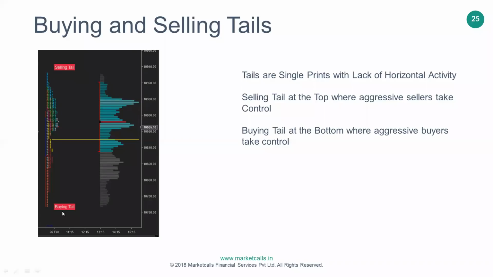And the bottom tail is called a buying tail because that is where the price keeps going down and down and down, sellers get exhausted, right? Sellers lose their control, and thereby buyers take control from them. That's why it's called a buying tail. Most of those tails we call single print tails. It lacks horizontal activity, meaning vertically you'll see only one TPO, and very rarely it goes to 2 TPOs or 3 TPOs at the tail zones.